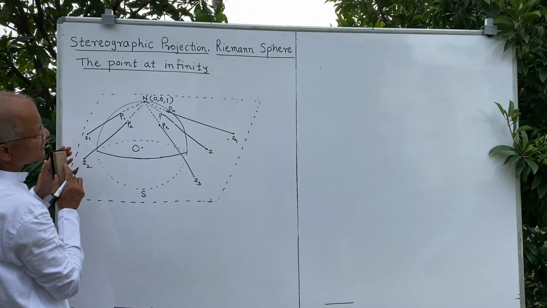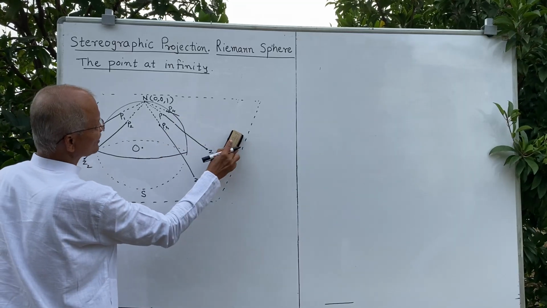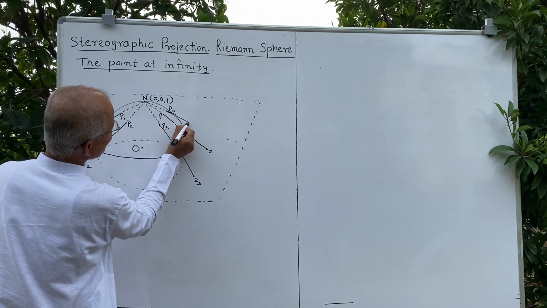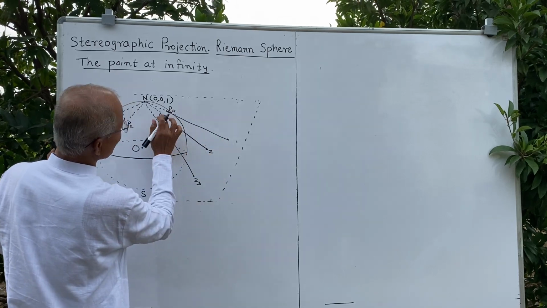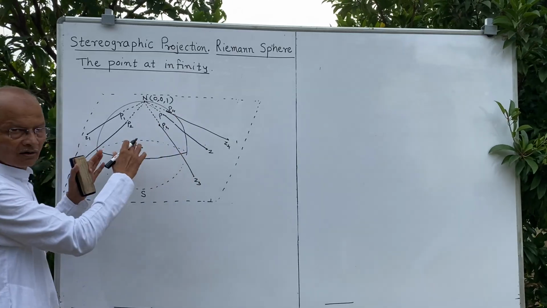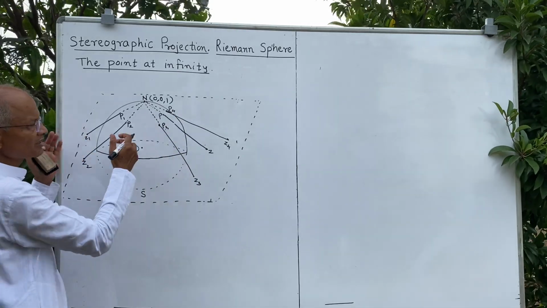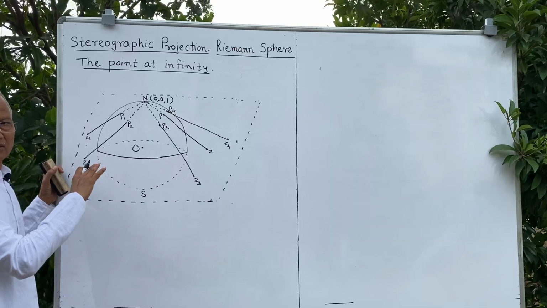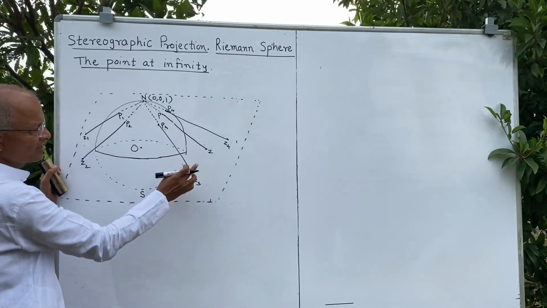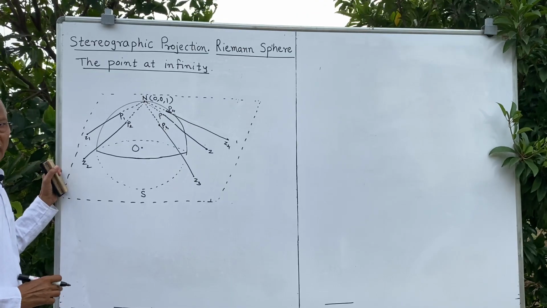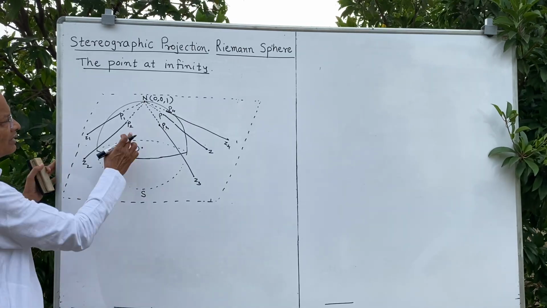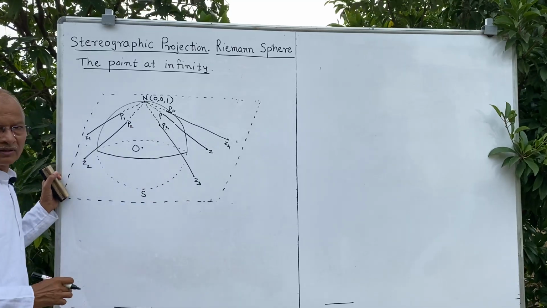The line is passing through the north pole, and the point will be like this. Thus for every point on the plane, there corresponds a point on the sphere, and similarly for every point on the sphere, there corresponds a point z in the plane, and therefore this establishes a one-to-one correspondence between the points of the sphere and the points of the complex plane.